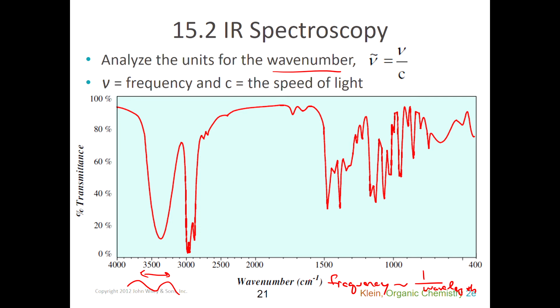Inverse distance would be 1 divided by wavelength. So we're dealing with frequency. And we said the relationship between frequency and energy is the higher the frequency, the higher the energy. So what we're saying here is the bonds that are absorbing these wavelengths of light require larger quantities of energy to cause that bond motion to occur.